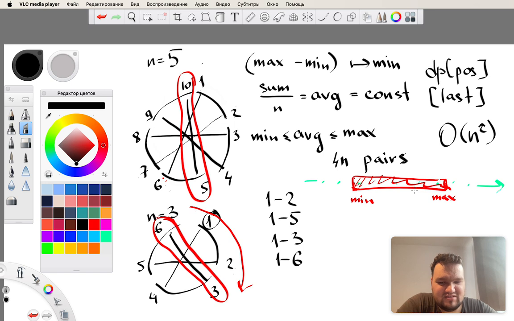Maybe it's just a property of some graph, I don't know, some graph must be connected to something.